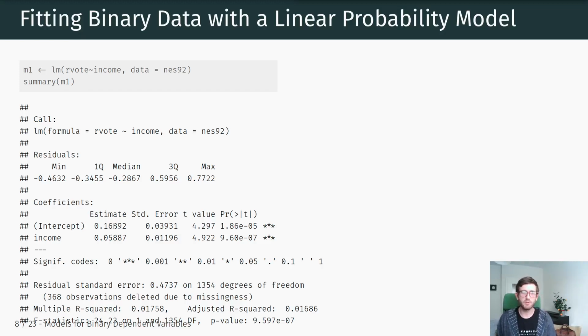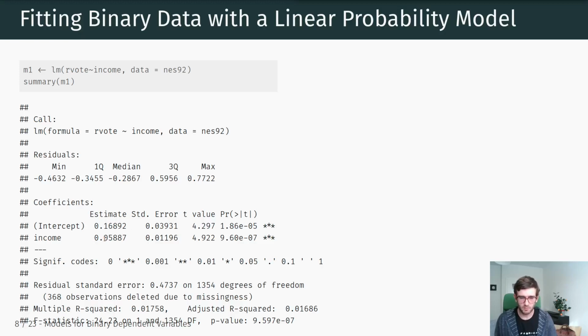Now remember that this income measure is a five-outcome measure that ranges from 1 through 5. So obviously this 16% expected support for the Republican Party is already an extrapolation outside of the range of income that we actually observe in the data. So it's not very informative.